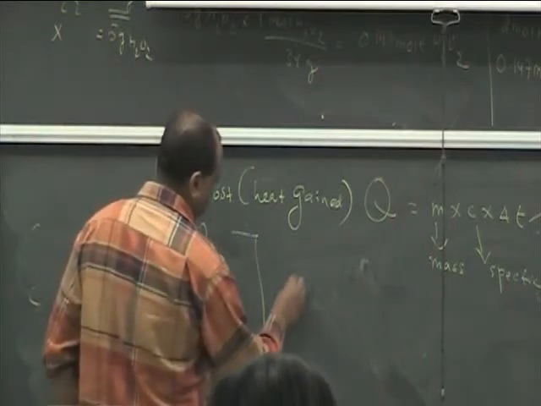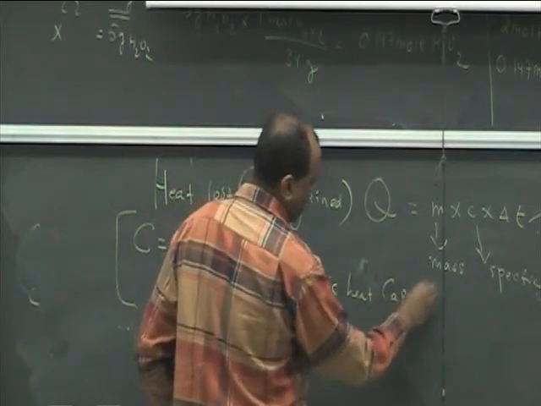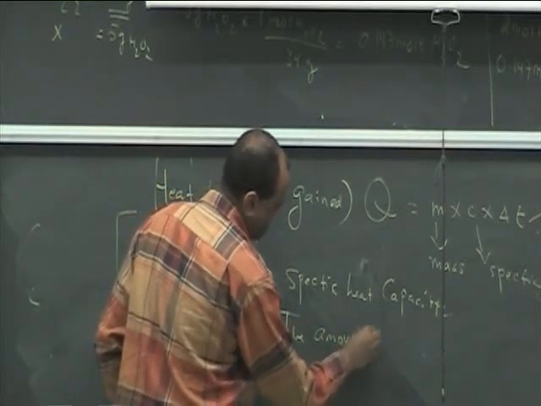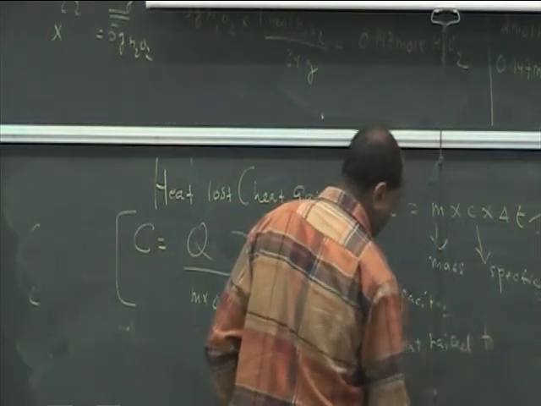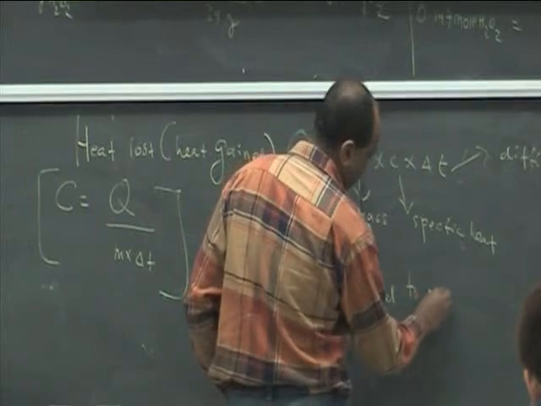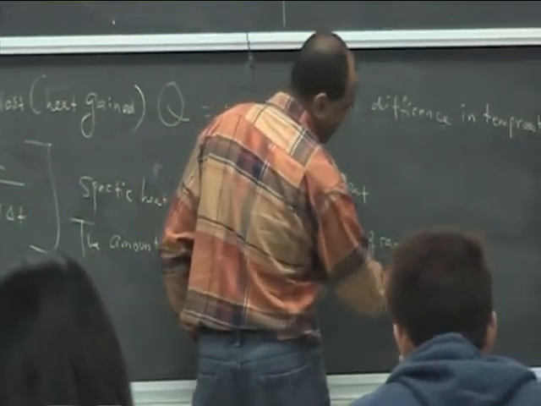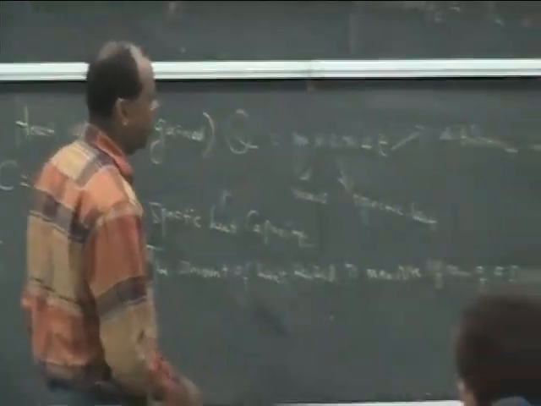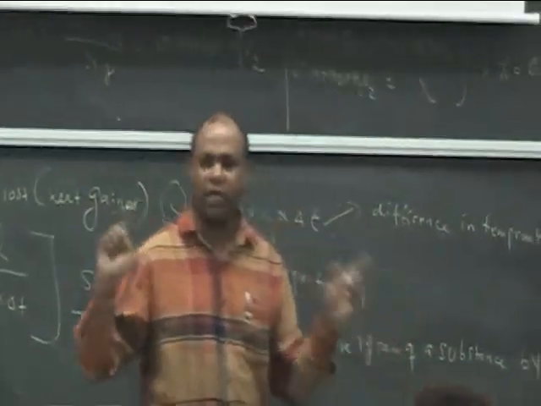Specific heat capacity means the heat required to raise the temperature of 1 gram of the substance by 1 degree centigrade or by 1 degree Kelvin, it doesn't matter, because we're taking the ratio.